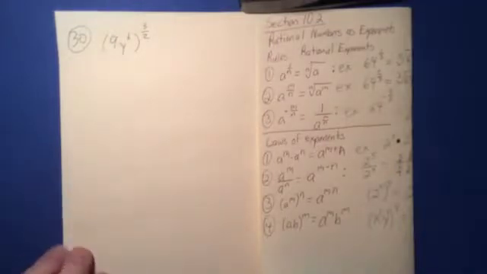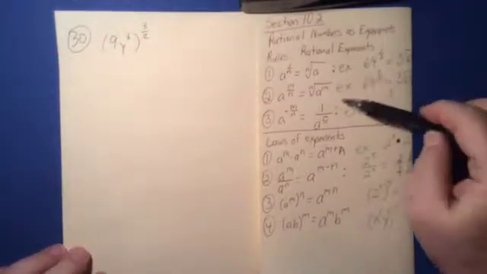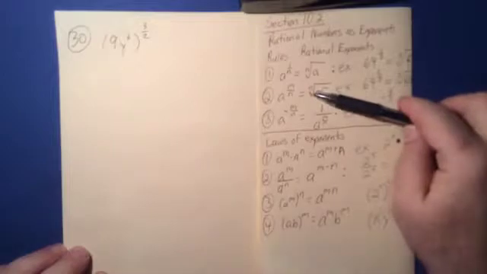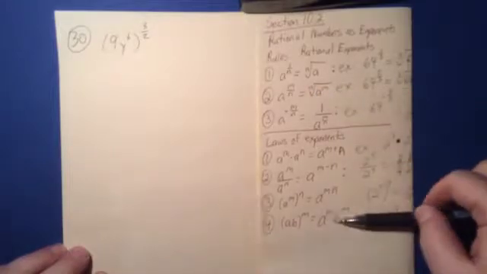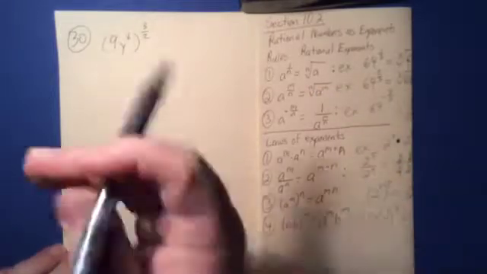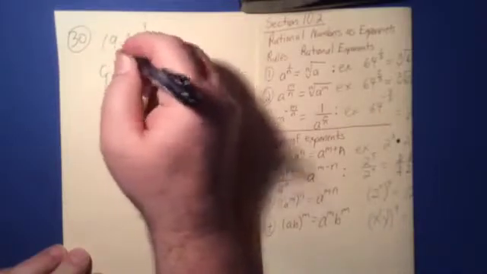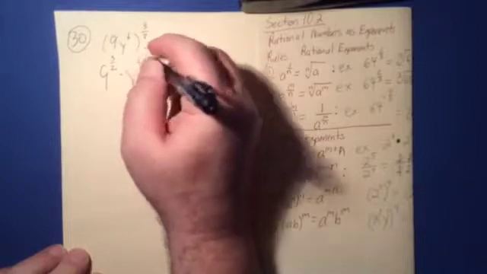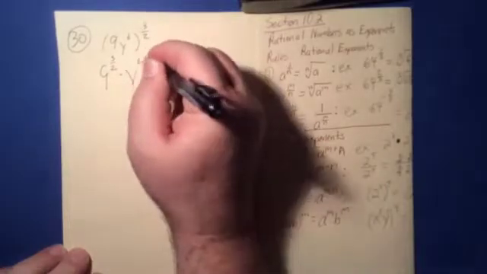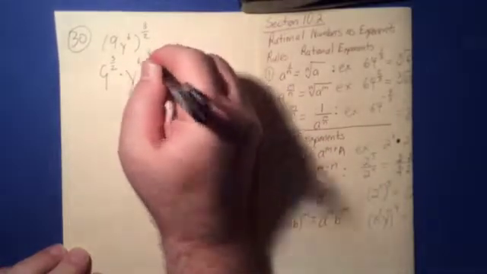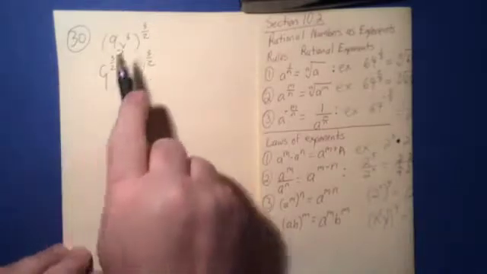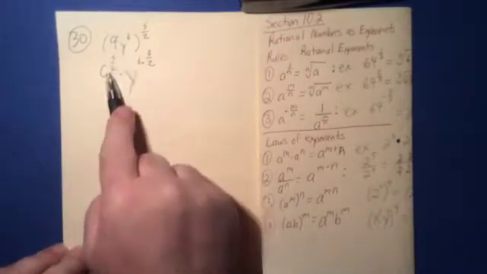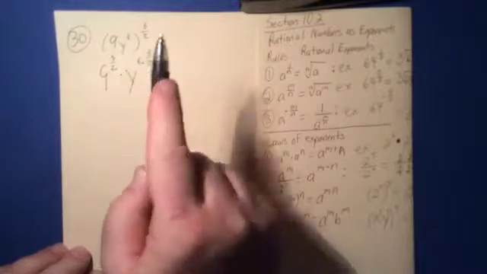Like I did in the previous problem, I'm going to use this property here to simplify everything, but I'm also going to use this property to distribute the exponent on the outside. So I have 9 to the 3/2 times y to the 6th to the 6 times 3/2. Here's what I'm doing: I'm distributing this to 9, and I'm distributing this to y to the 6th.